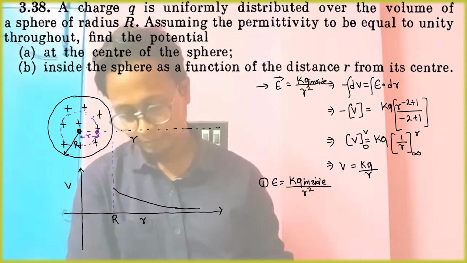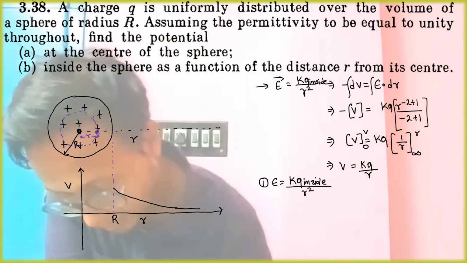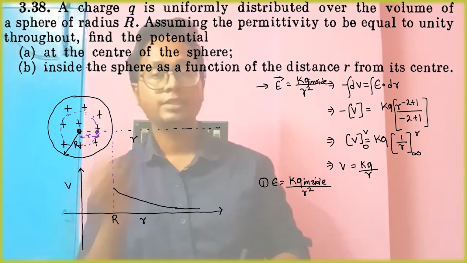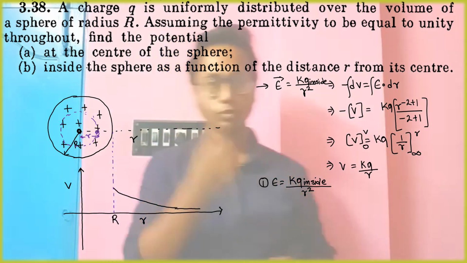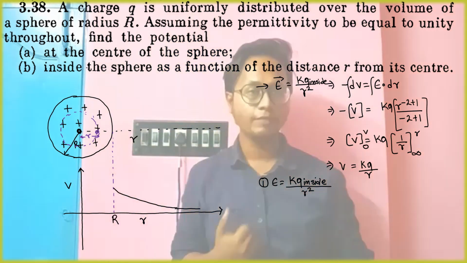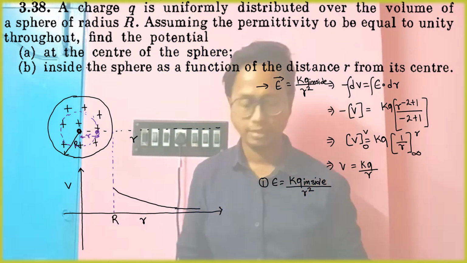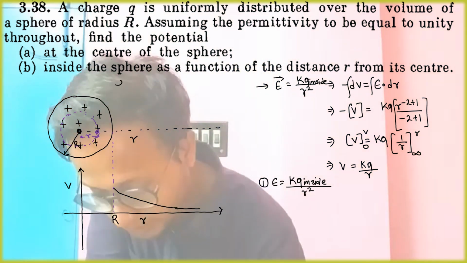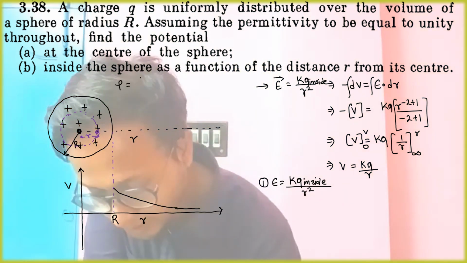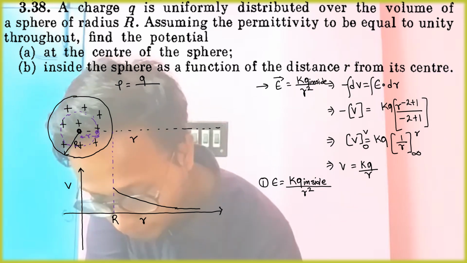Now see, if I say the charge distribution is uniform, that means the charge density is constant.